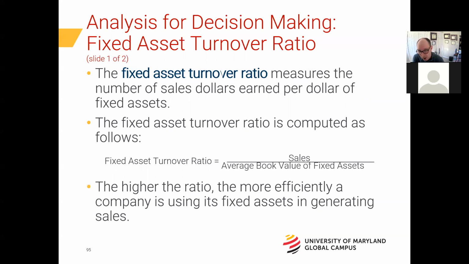So in order to figure out how well a company is using their fixed assets to generate revenue, the ratio you want to calculate is your sales, which is the same as revenue, right? Divided by average book value of fixed assets.